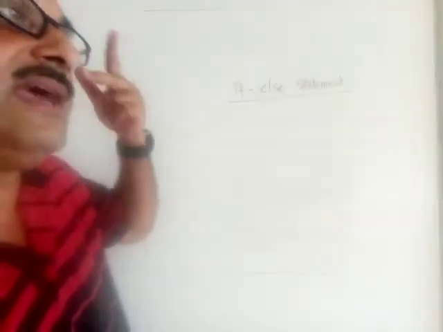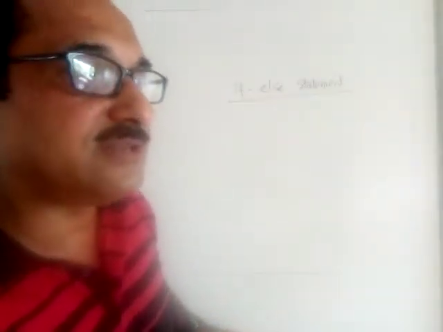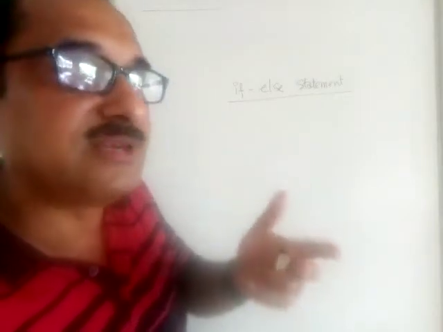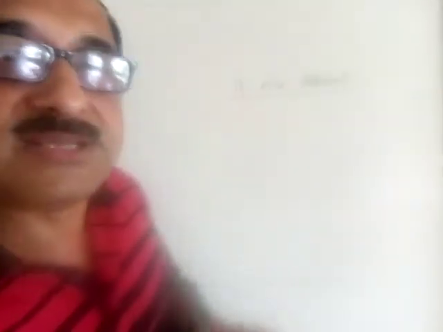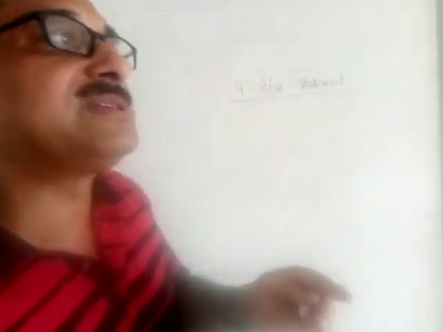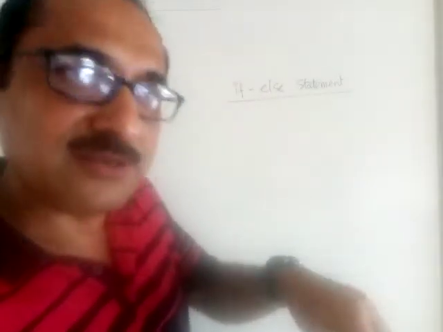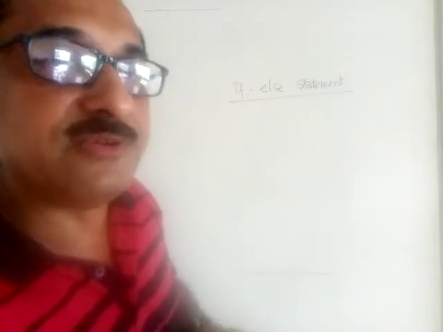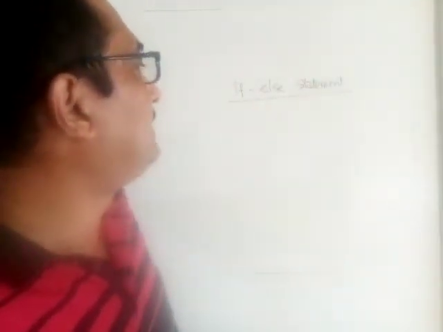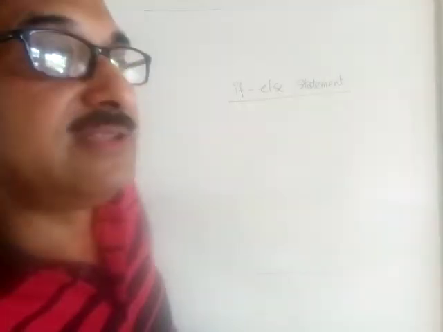Like I have a situation where you input a percentage value obtained by a student. Somebody obtained a certain percentage. Now the program wants to check if the percentage value is 90% or above. How will the program do it? To solve that kind of situation, we have this statement.